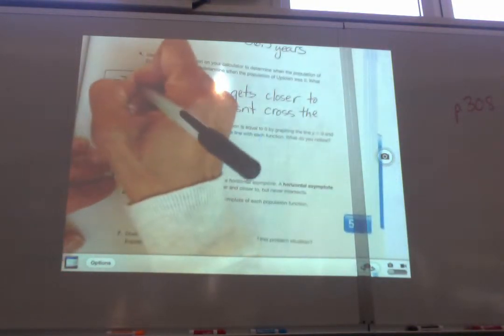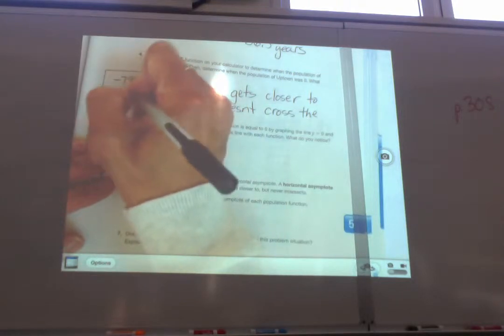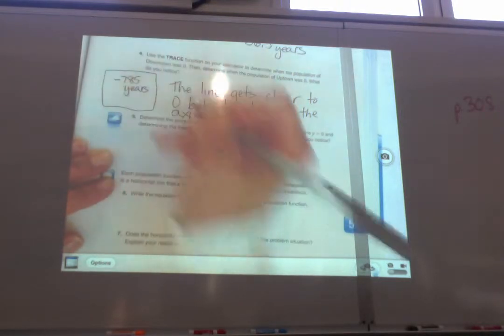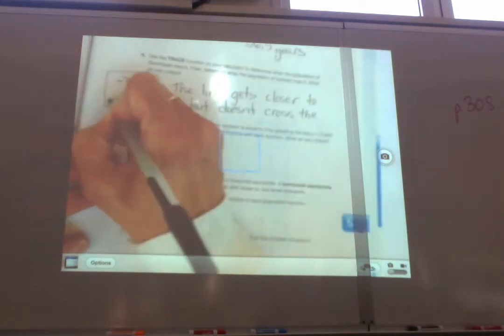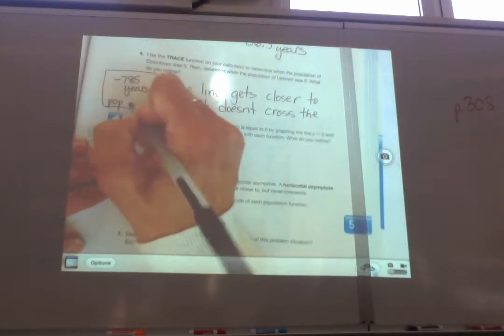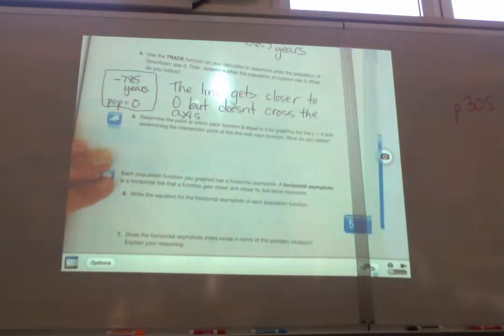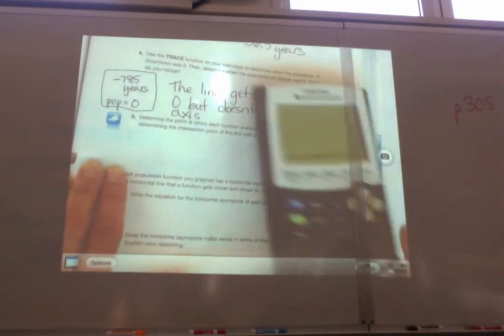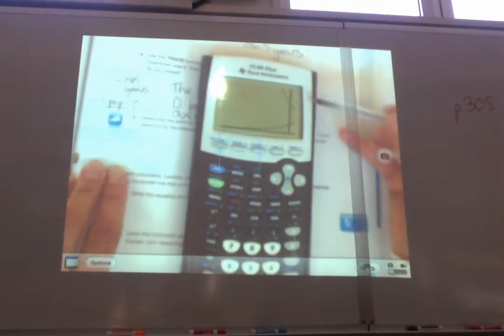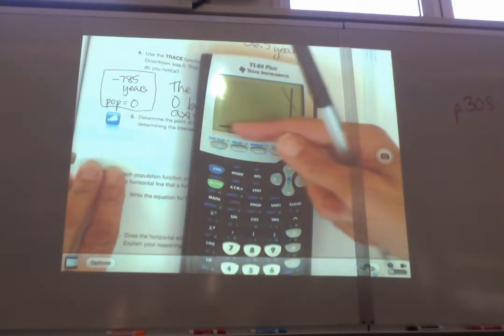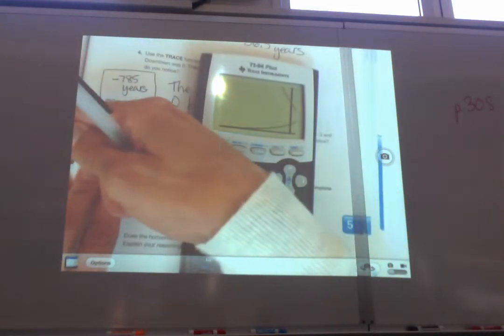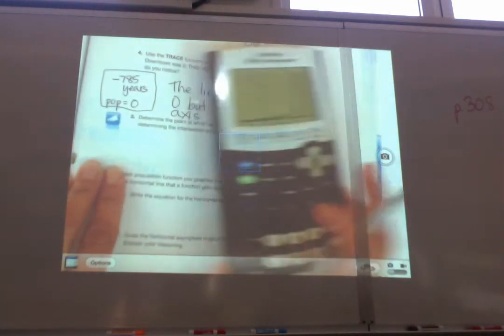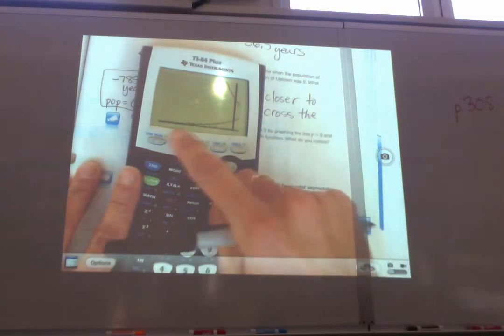Negative 785 years is when uptown's population was 0, according to Jerry's very law of clicking. Okay, but what that ended up doing is we had to go farther and farther and farther off to the side to find it. They're telling us to try something else.